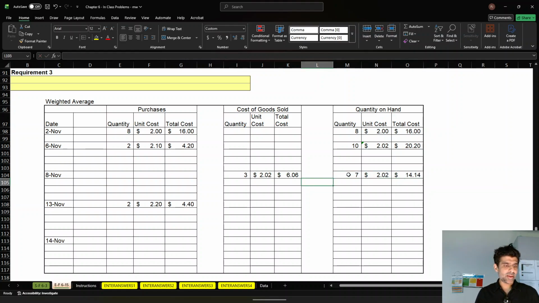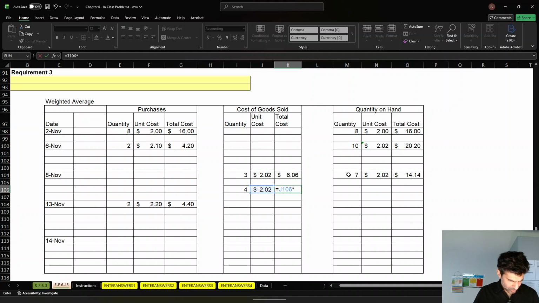And let's say I had another transaction where I sold 3 more units. Actually, let's say I sold 4 units, just to keep it a little different. I would use the same thing here. And then I would have 3 units left at the same value.